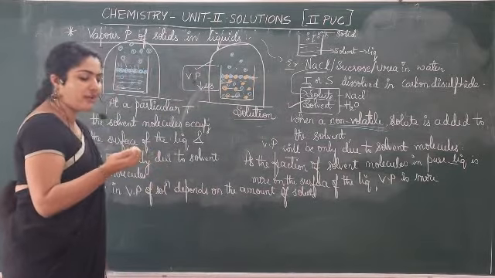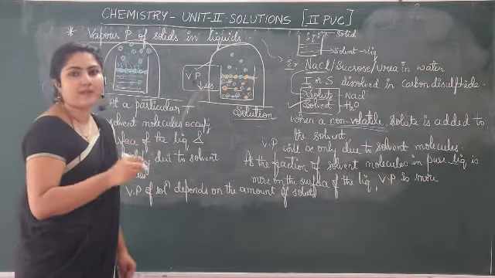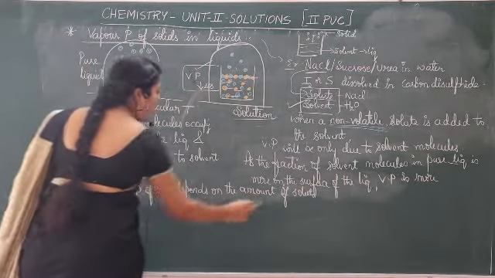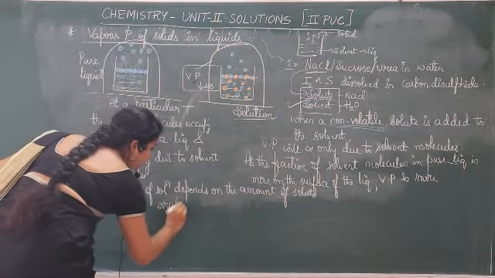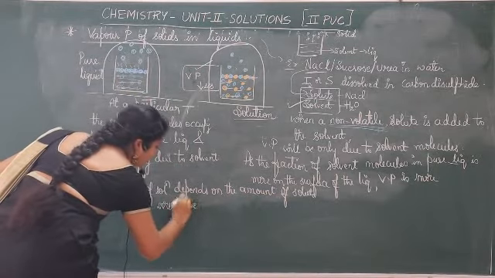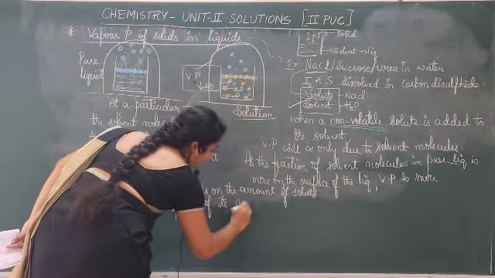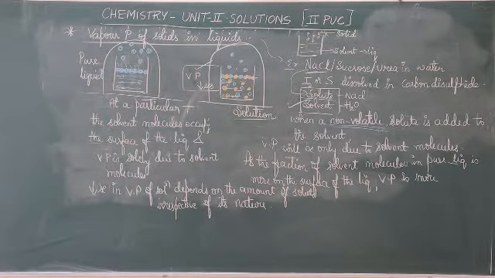Irrespective of its nature means it doesn't care which solute it is, but how much quantity is present is what matters to the vapor pressure. Depends on amount of solute irrespective of its nature.